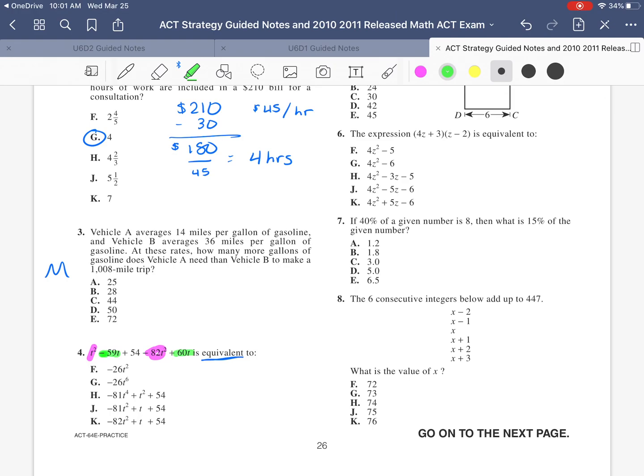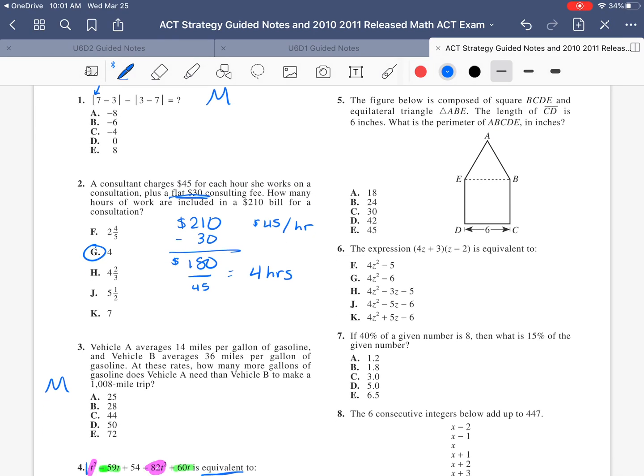And then I have a negative t and a positive t. So I'm going to do some adding. 1t squared minus 82t squared, I'm going to have negative 81t squared. And then negative 59t plus 60t will give me 1 positive t. And I have 54 left over, which gives me j.